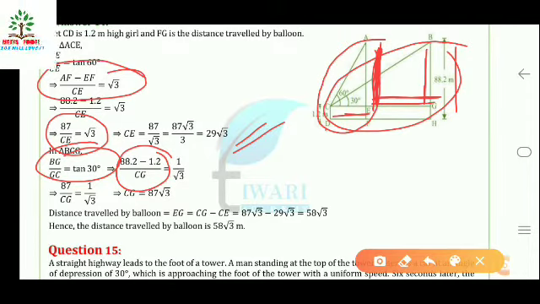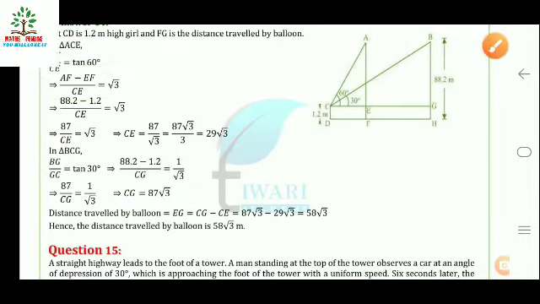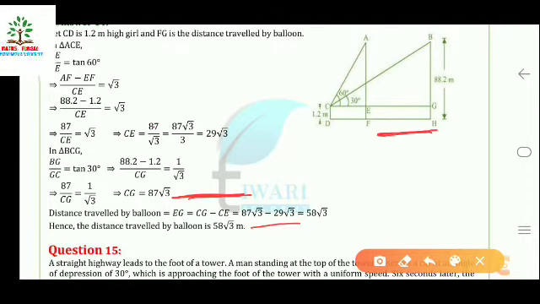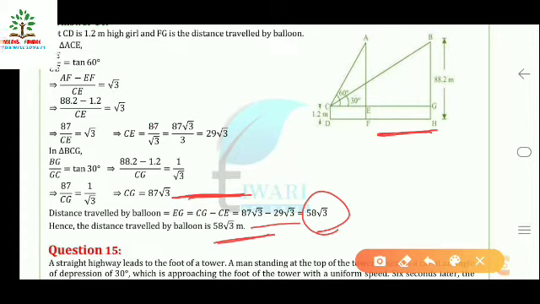So we have CG is equal to 87 root 3. Since we have to find the distance traveled by the balloon, that is EG. EG can be written as CG minus CE, which we have already found. Putting the values, 87 root 3 minus 29 root 3, that is 58 root 3 meter is the required answer. This is the distance traveled by the balloon.